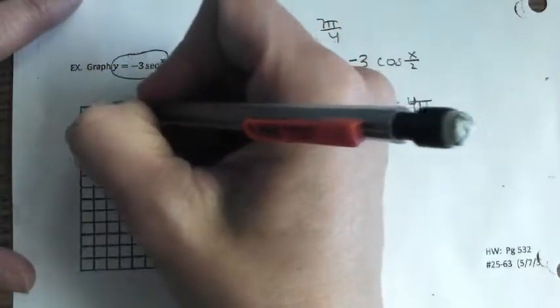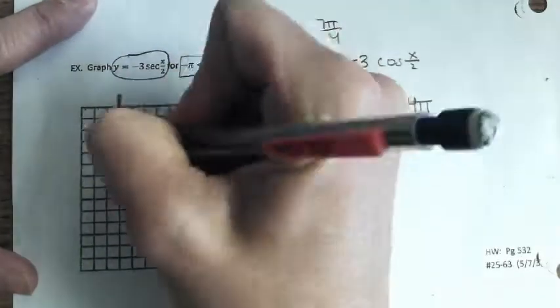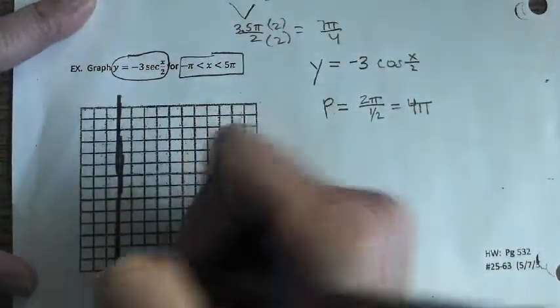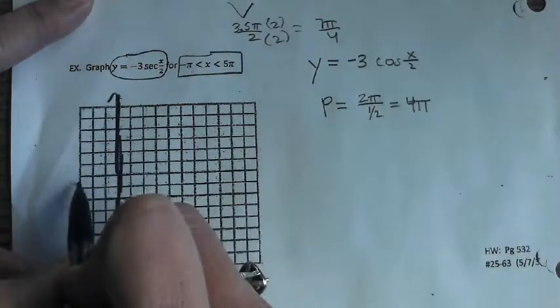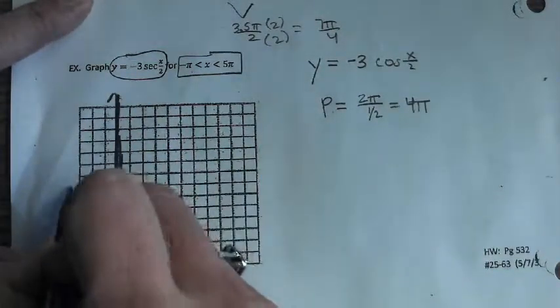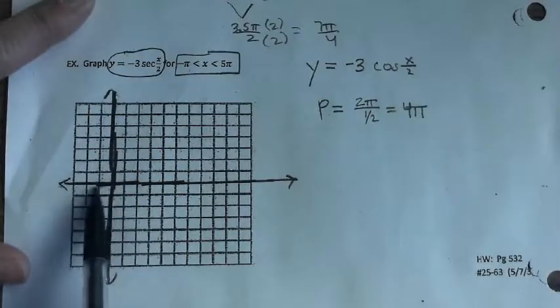So I'm going to go this way with my y-axis way over here because I have a little bit of negative space, but not a ton. And I'm going to go every other is pi.